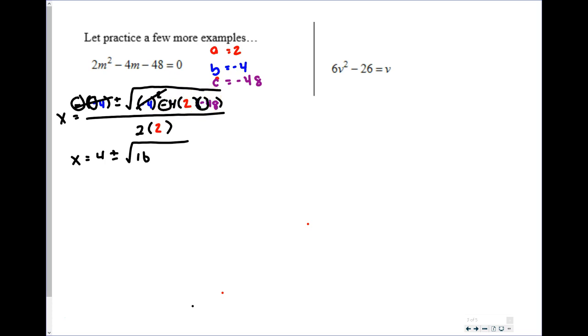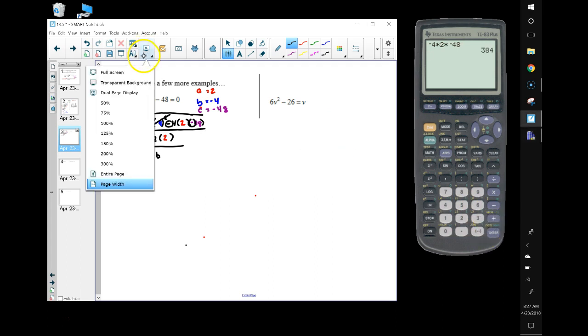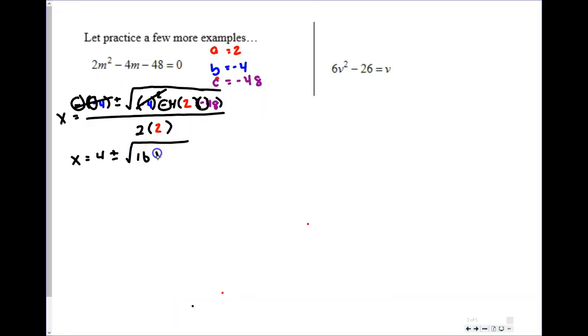So when I put that into my calculator, negative 4 times 2 times negative 48 gives me that positive 384. So I'm going to have plus 384 all over 4. Boom, boom, done.